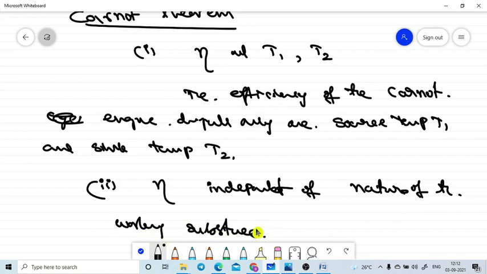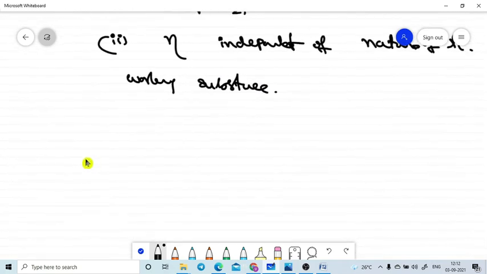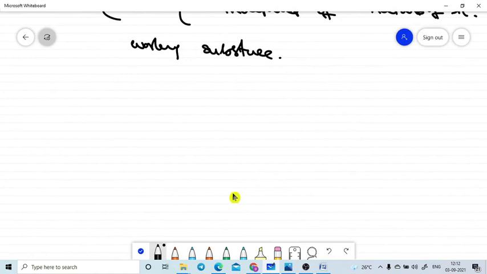This is a very important theorem. So the conclusions about eta lead to the Carnot theorem. That is the important one.